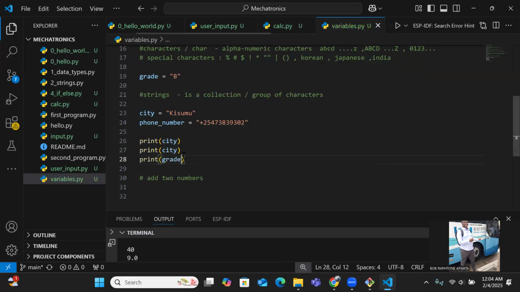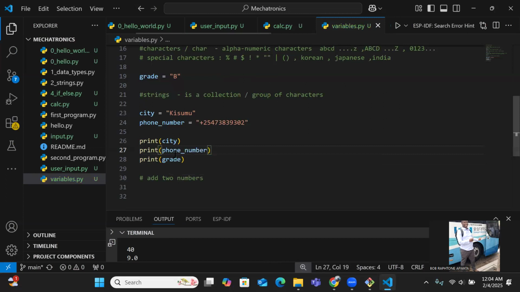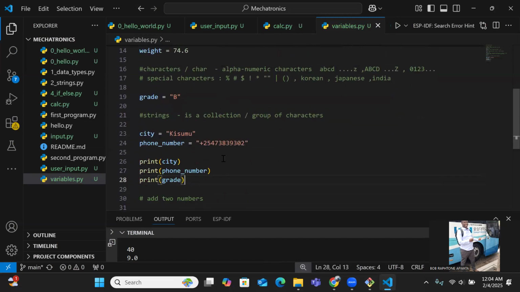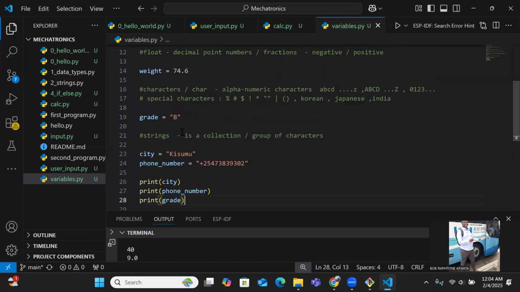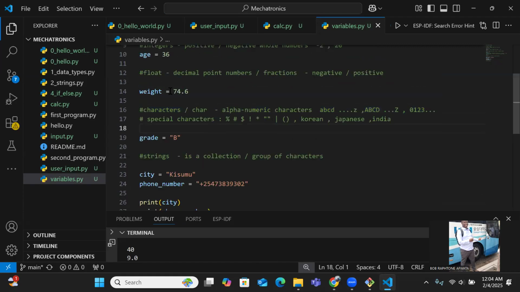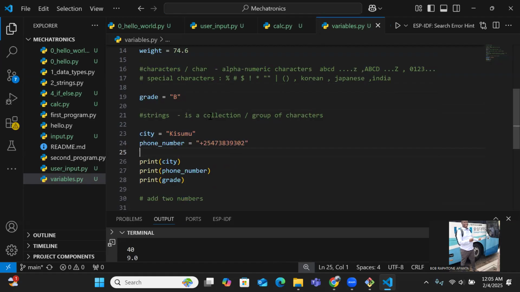You print phone number. Okay. Are you typing along? These comments you don't need to, because these files I'm going to share them later on with you. But at least print your grade, print something city, and that.